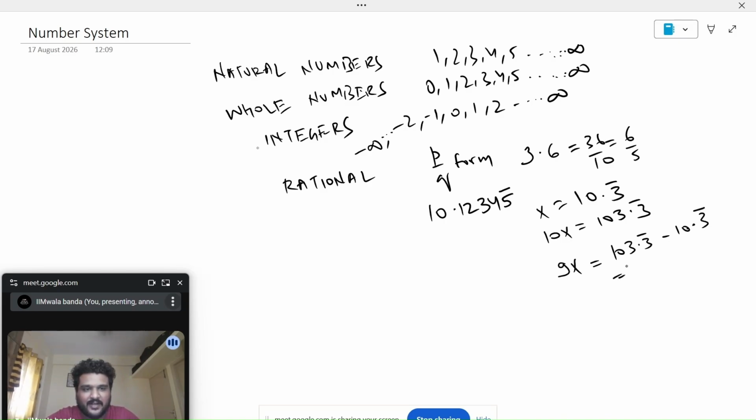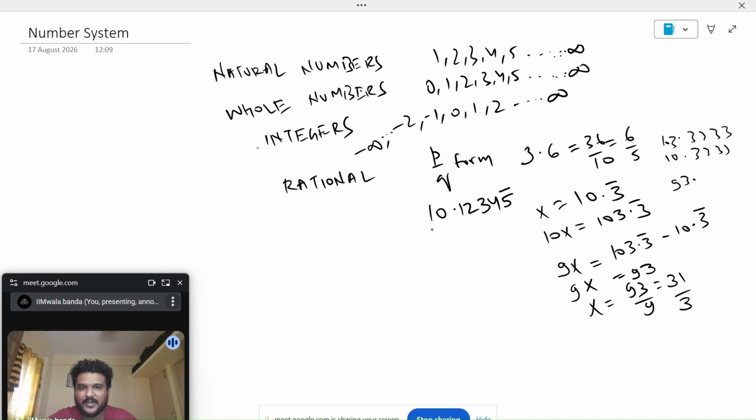So on this side, this is basically 103.33 and so on, and this is 10.33 and so on. So this side will be 0, this will be 3, this will be 9. So it becomes 93. And on this side, we have 9x. So x is basically 93 upon 9 or 31 upon 3. So yes, it can be expressed.